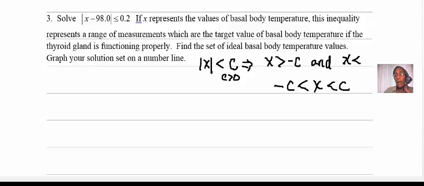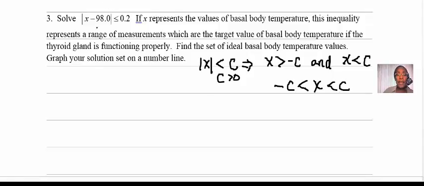And notice, essentially what we're saying is we want whatever the value of this x is, we want it to be a number that's less than c units from 0. So that would essentially mean that that value has to lie between negative c and c.